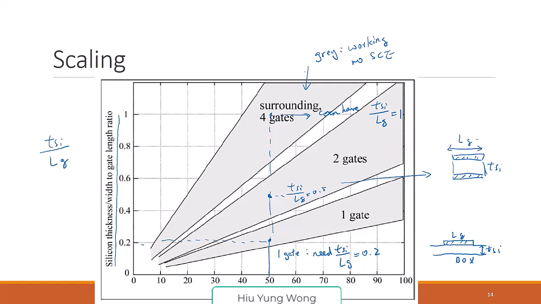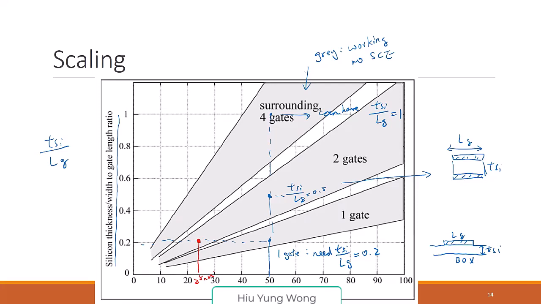Is that okay? So basically, for the same technology, I can relax it. Or from another point of view, let's say my goal is that I can do 0.2 TSI over LG. Then for double gate, I can scale to 25 nanometer.